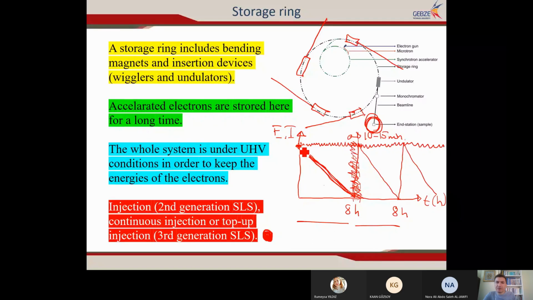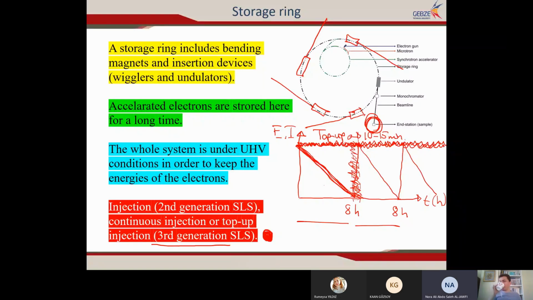Without stopping your experiment and without decreasing the intensity of the X-rays, you can get this type of continuous behavior. This is called continuous injection or top-up injection. Third generation synchrotron light sources have this property compared to the second generation. Do you have any questions here?